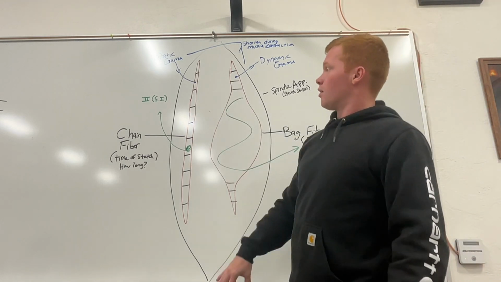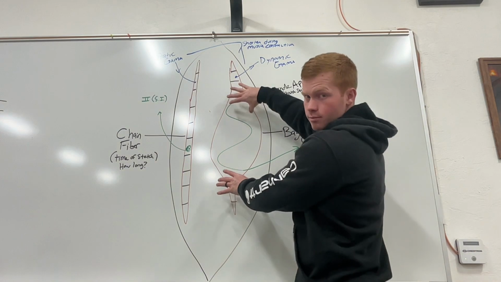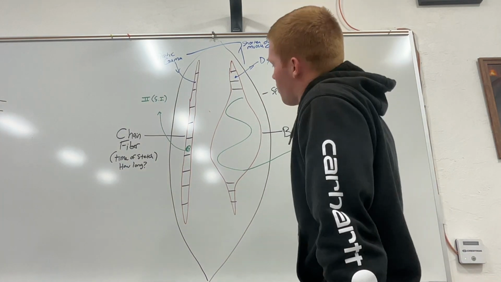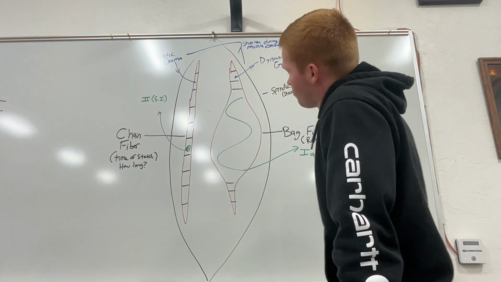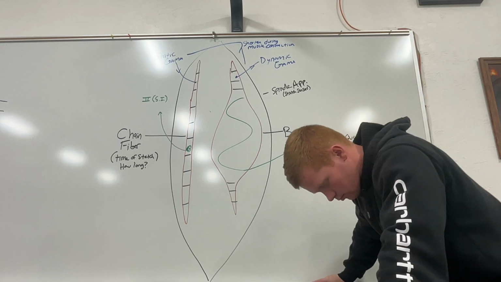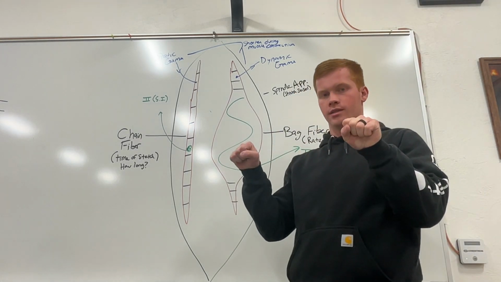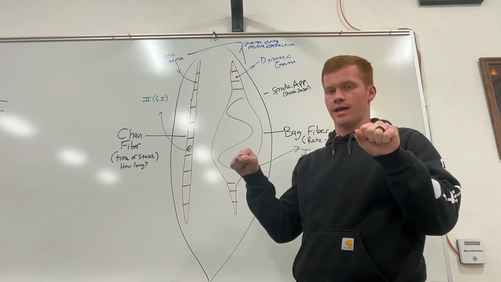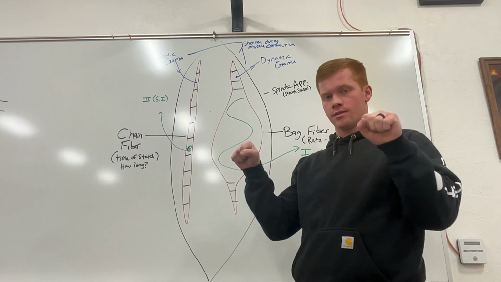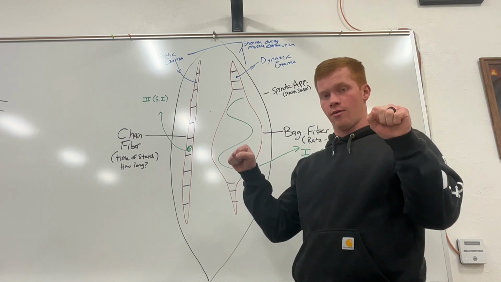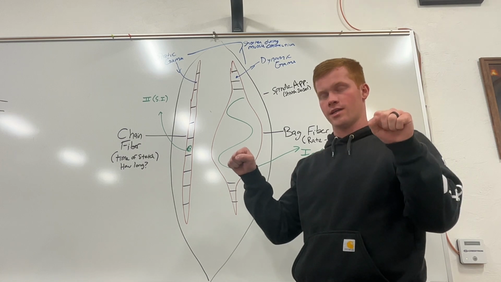Chain fiber, it's long. Bag fiber kind of has this belly right here. What these are going to do is be taut all the time. They're going to have tension on them all the time. So when the muscle stretches, they're going to be able to feel that tension, or that stretch, I mean.